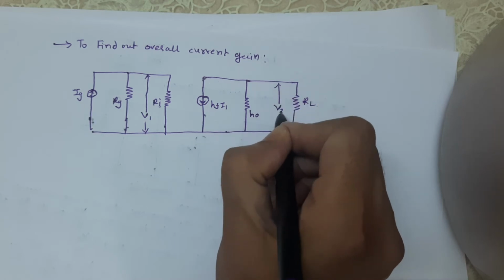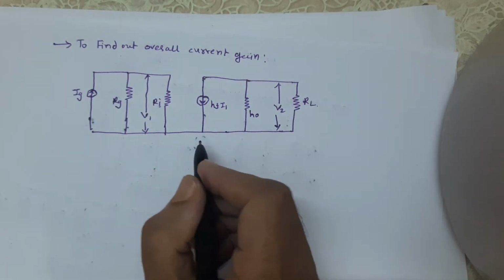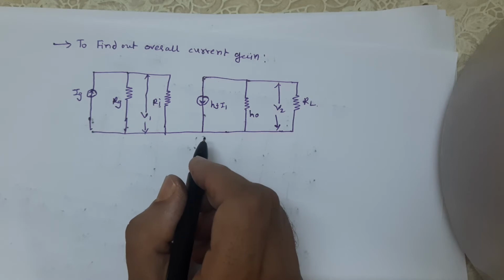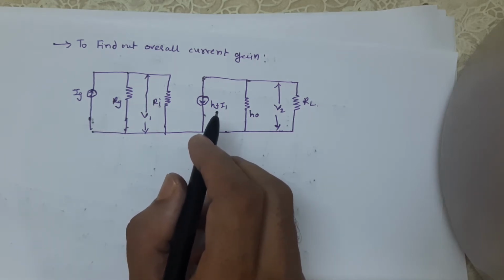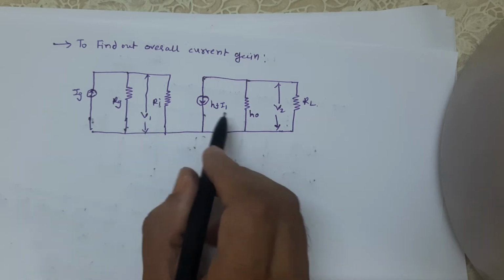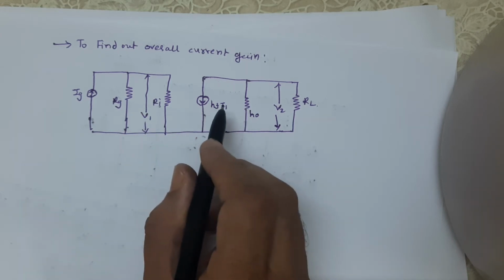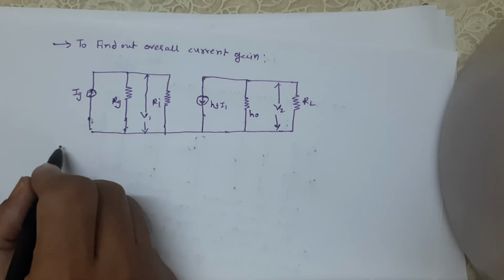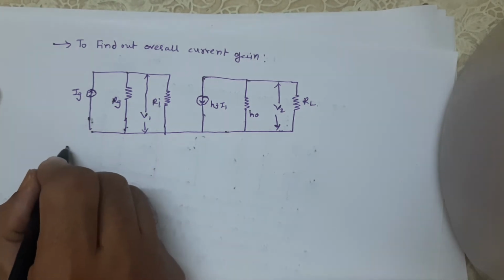This is your V2. To find out the overall current gain, consider the Norton equivalent for transistor amplifier circuit. This is the circuit.